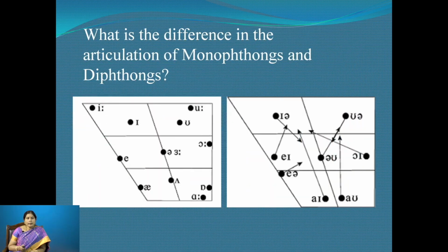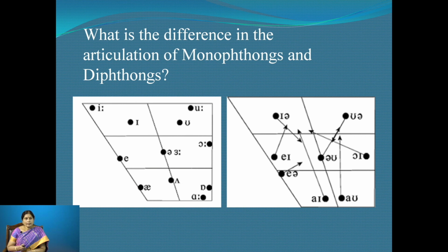So students, what is the difference in the articulation of monophthongs and diphthongs? Look at this picture. You can see in the first one, monophthongs, the tongue is raising at one position only.